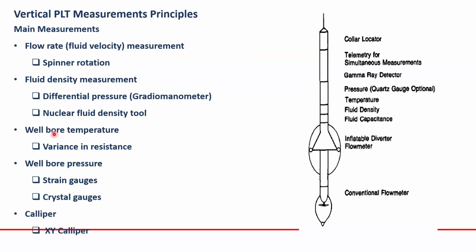Okay, wellbore temperature. So the PLT consists of spinner, gradiomanometer for density, temperature and pressure, and XY caliper. So these are the four tools within this PLT tool in vertical.